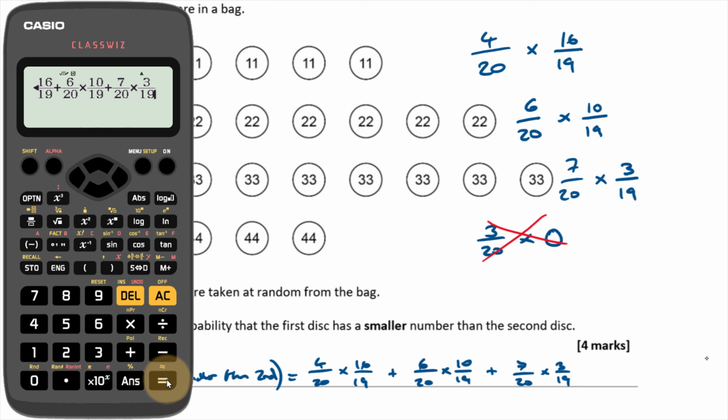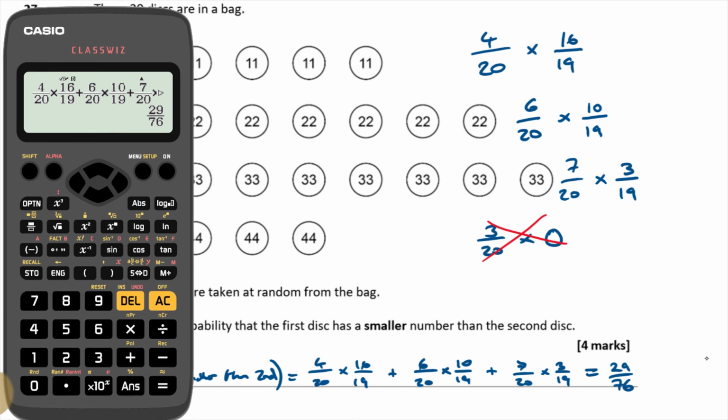What would be that then? That is 29 over 76. So there are 29 in 76 chances that that is going to happen then.